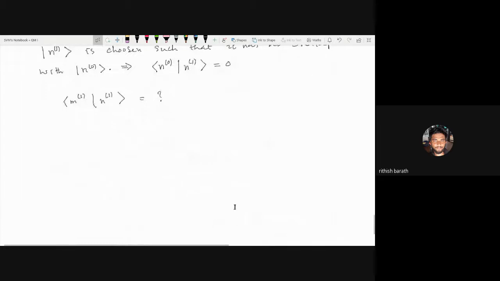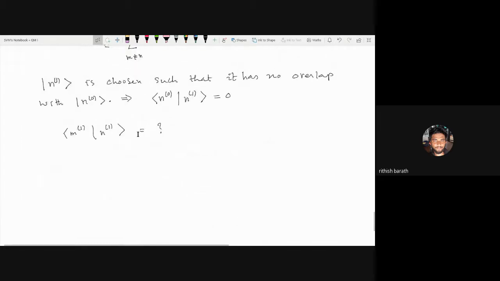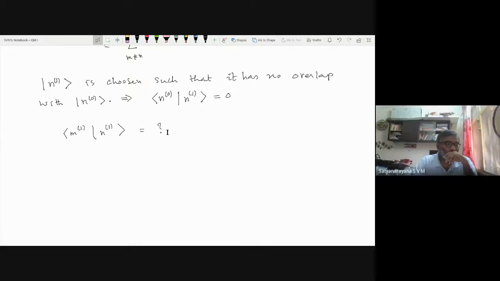I have no reason to believe they are orthogonal. In the first case, you are choosing m0 and n0 as orthogonal just because of the basis. They are eigenstates of a Hermitian operator, and hence they are orthogonal. Correct? These m1 and n1 are not eigenstates of any operator. They are just corrections.